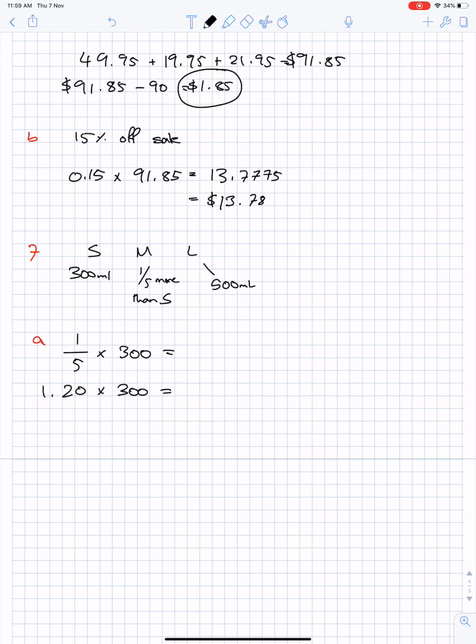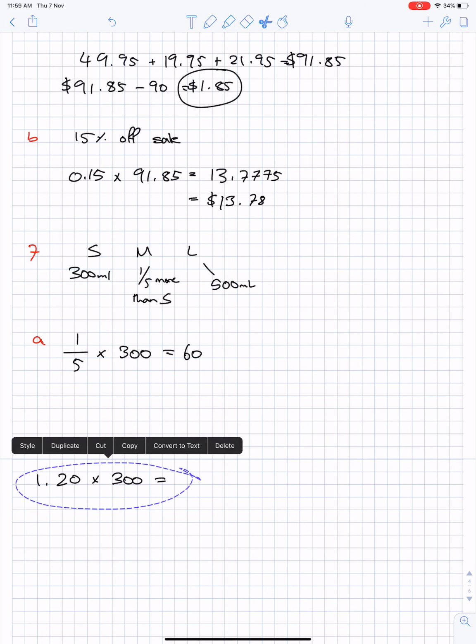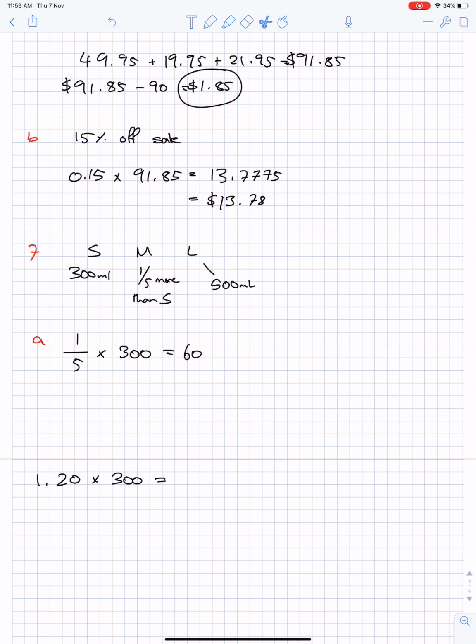So 1/5 times 300 is 60, and then 300 plus 60 equals 360 milliliters. Or doing it this way, 1.2 times 300 is 360. Right?